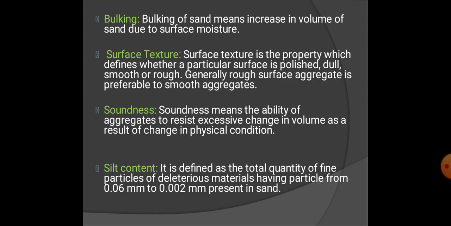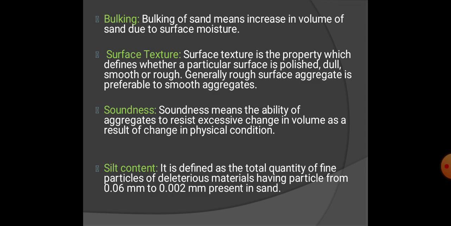Okay, the next point is bulking. Bulking of sand means the increase in volume of sand due to surface moisture. This is a phenomenon in which aggregate swells by absorbing moisture from humid air.